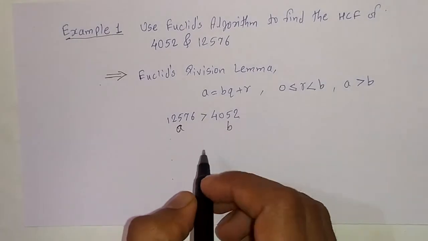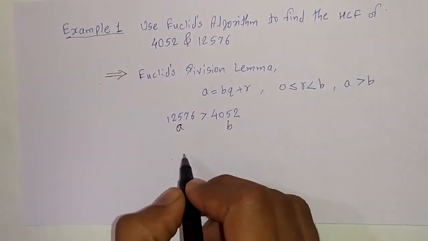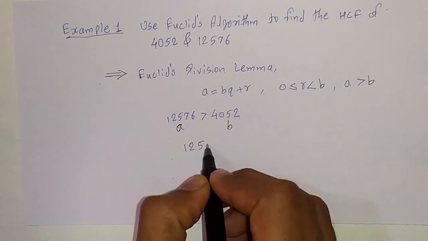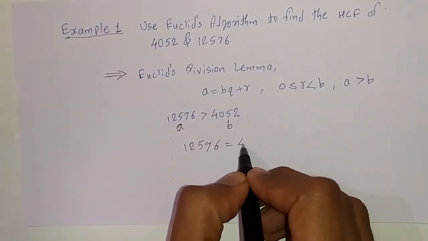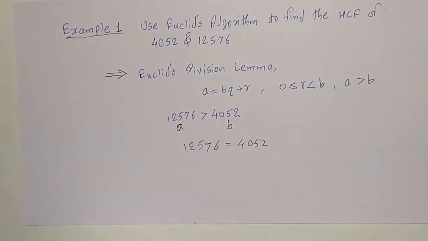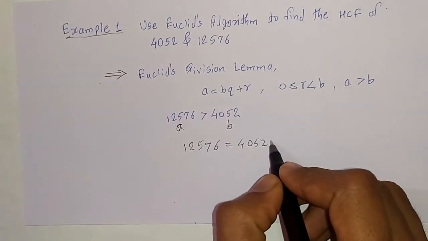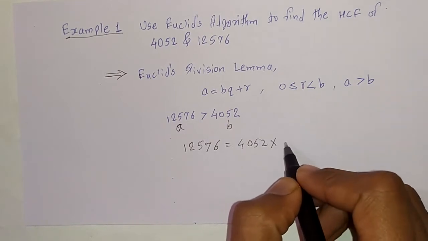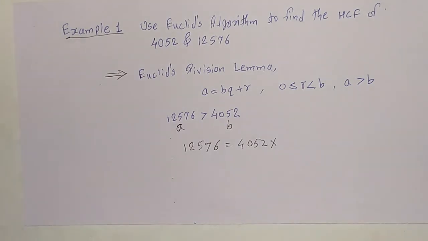How are we going to proceed? a will be 12,576 equal to 4,052 into q. What will be the q? That is the quotient. You have to multiply 4052 in such a way that you will get a certain remainder, so that you can put those things in Euclid's division lemma.